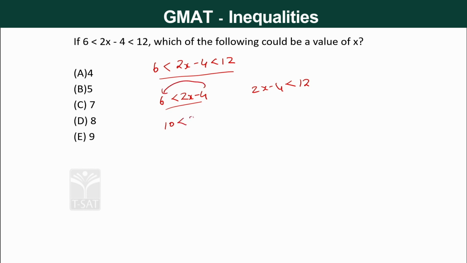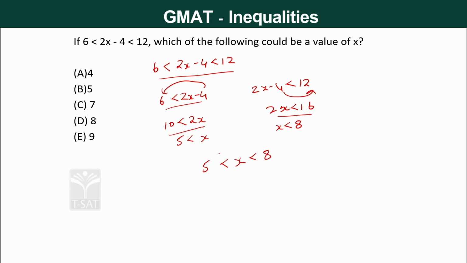You will be left with 10 is less than 2x, and 2x is less than 12 plus 4, that is 16. Divide both sides by 2, that is a positive number, so the inequality sign remains as it is. 10 divided by 2 is 5, and dividing both sides by 2 in the other inequality gives x is less than 16 by 2, that is 8. So, x is less than 8 but greater than 5.